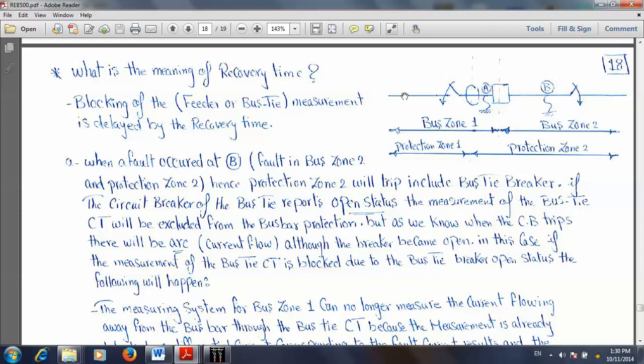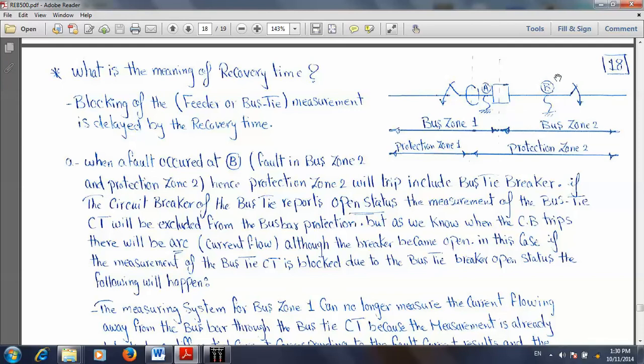Why? Because all feeder currents here will be stable with this CT measurement, because all currents here are going out from this CT to feed the fault, until the reclaim time finishes, then this CT measurement will be excluded from the measuring system, and now bus zone 1A or bus zone 1 will indicate a fault and a trip.